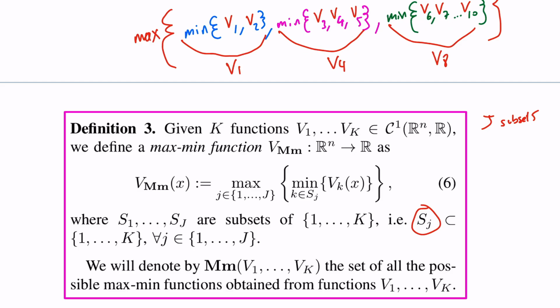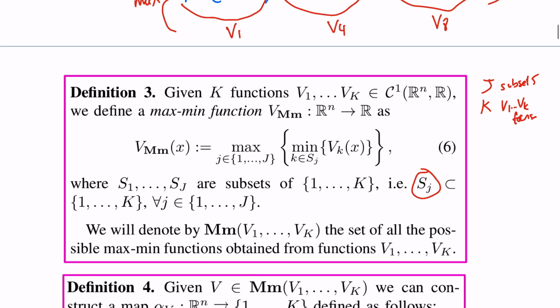You need to have J number of min expressions inside that max here. And then there are K functions, V1 to VK. Yeah, that's it. So this was the definition of the MaxMin function.